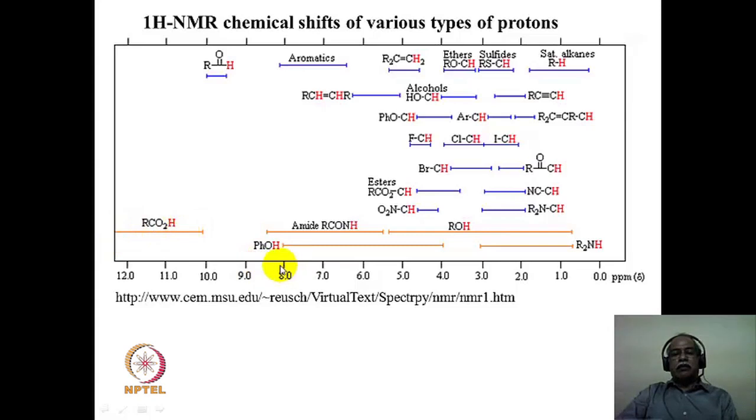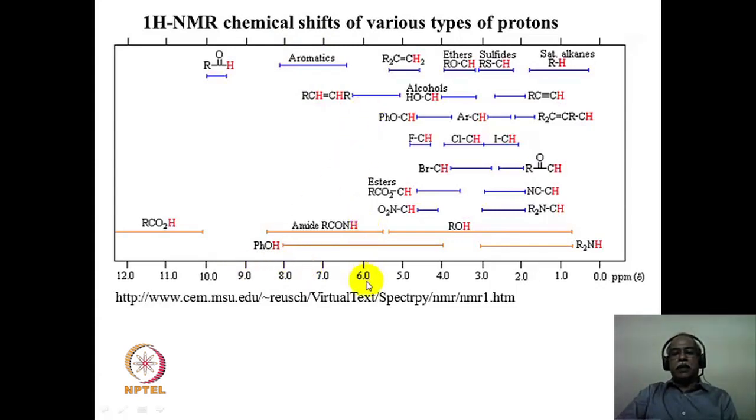So one can tell from the NMR chemical shift value whether the aromatic system is electronically enriched or electronically depleted in terms of the electron withdrawing or electron donating substituents being present, because it is reflected in the chemical shift value in this narrow region.